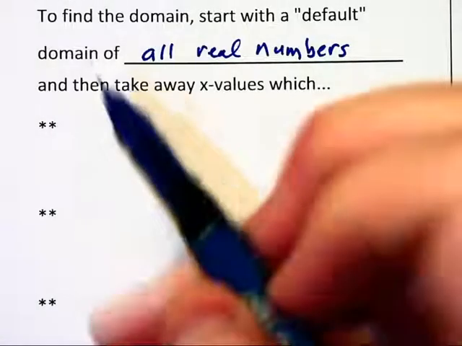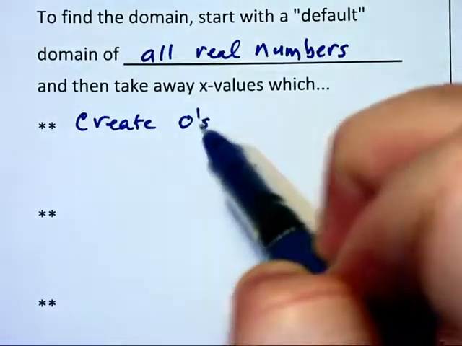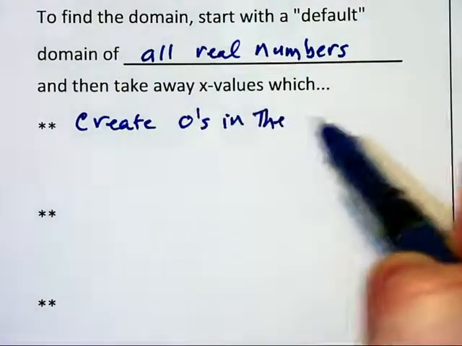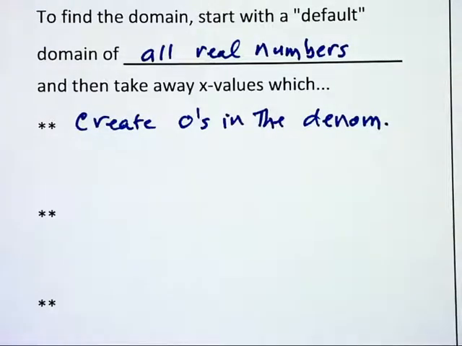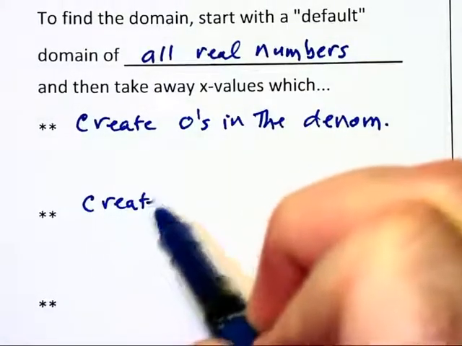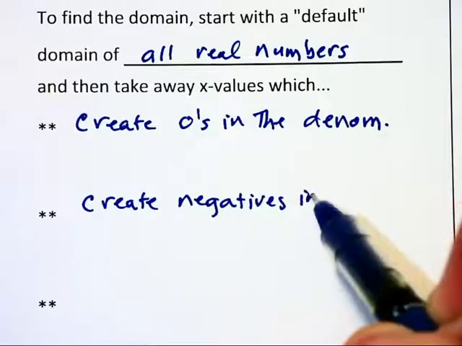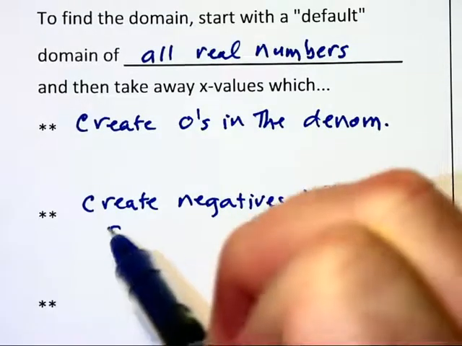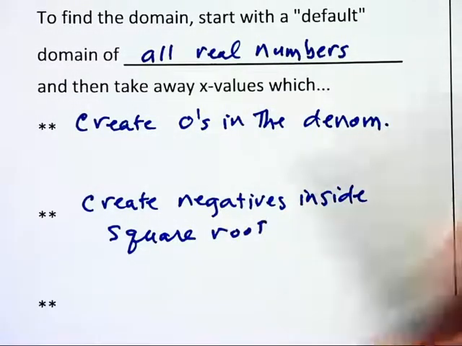You want to take away x values which create zeros in the denominator, because you know that whenever you divide by 0, an expression is undefined. You also want to take away x values which create negatives inside square roots, because you cannot have the square root of a negative number.